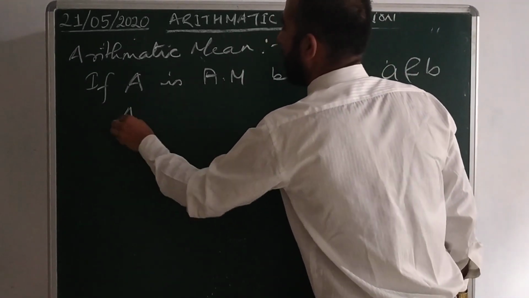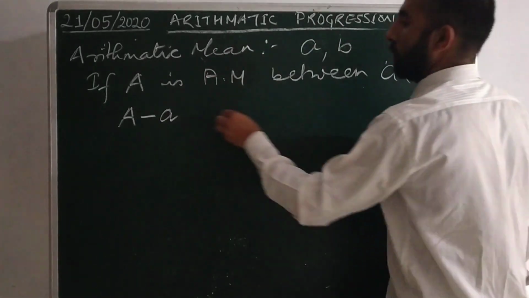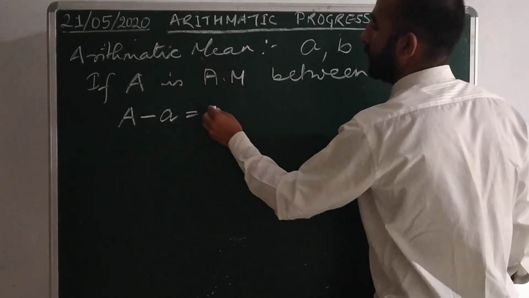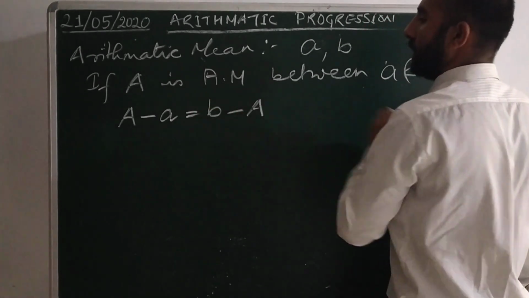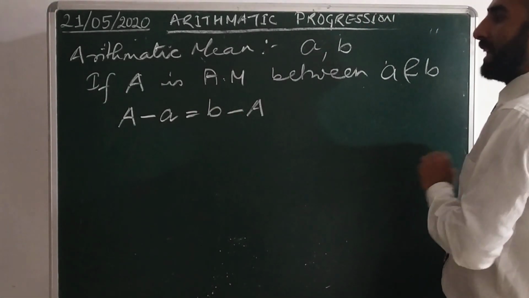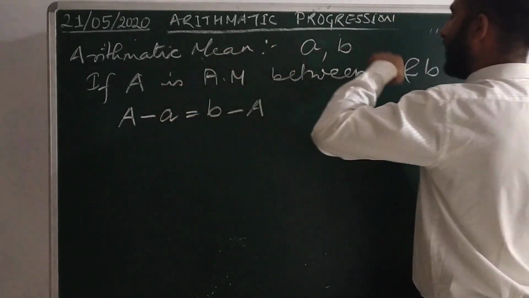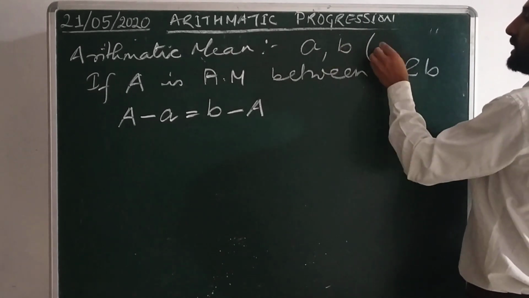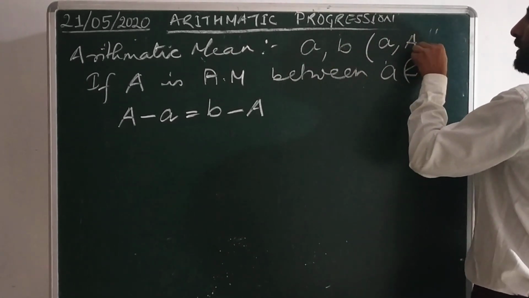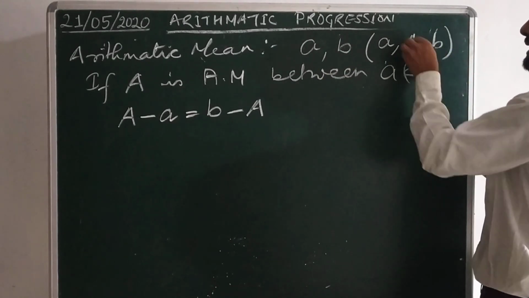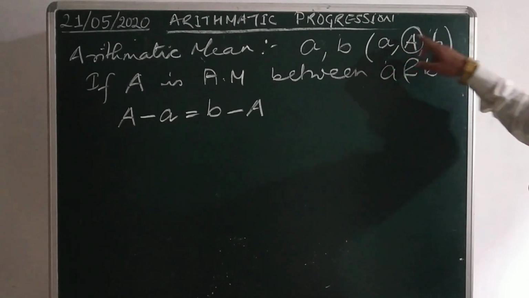then you can write A minus a will be equal to b minus A. That means, as I told you, A is the arithmetic mean between a and b, then this will be the situation. a, then comes A, then comes b, such that A is the mean between small a and b.